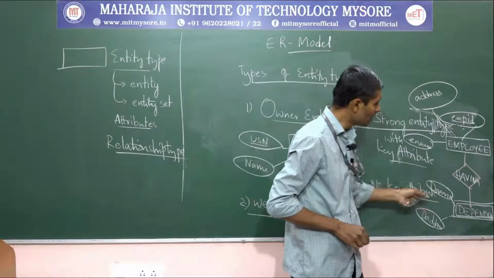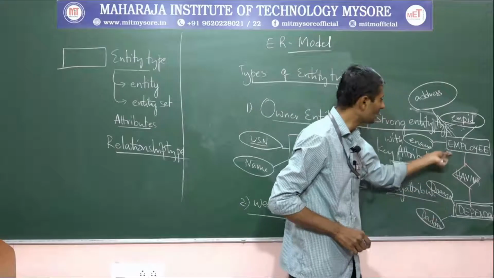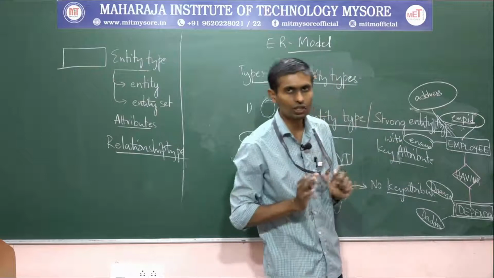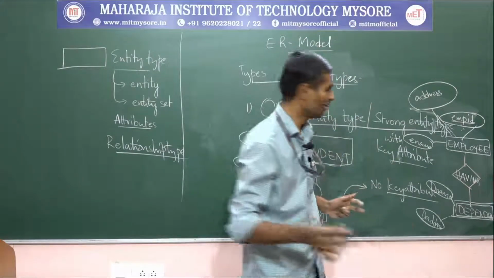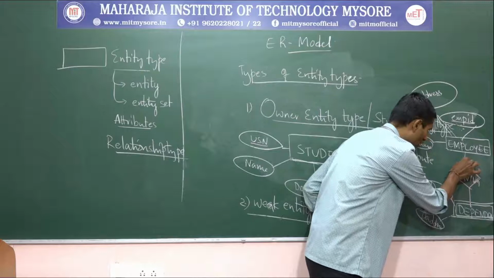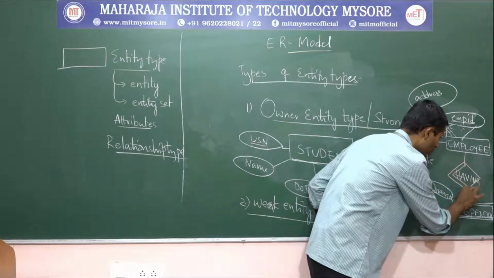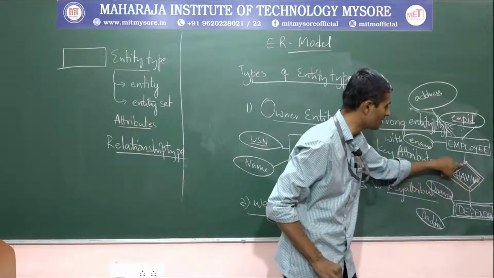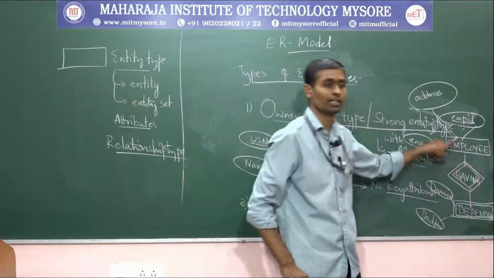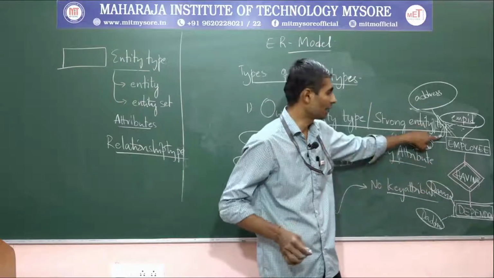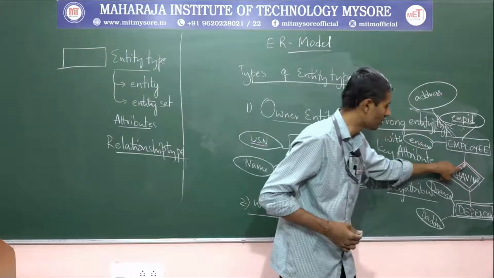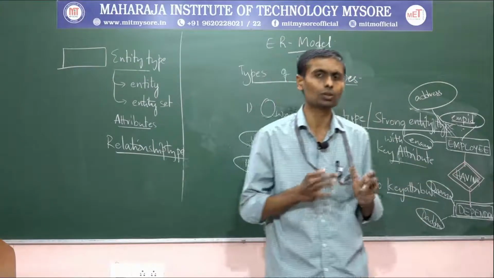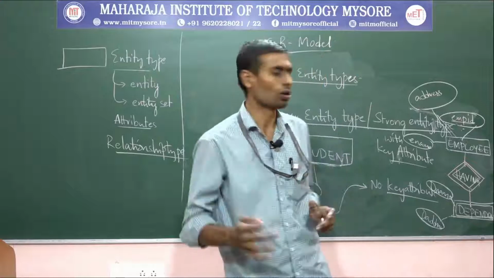And one more thing: especially when a weak entity type is connected with a strong entity type, such a relationship type notation is written in a different way. It is the same rhombus symbol, but to show the participation of the weak entity type with a strong entity type, or an owner entity type, we make use of this relationship type notation with two diamond-shaped rhombus symbols.